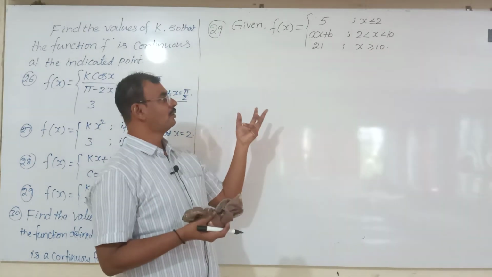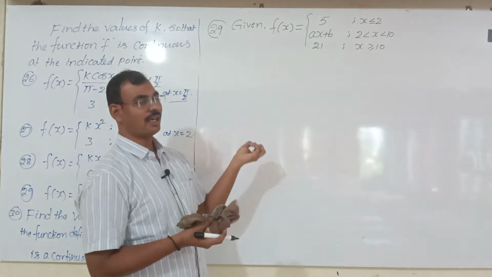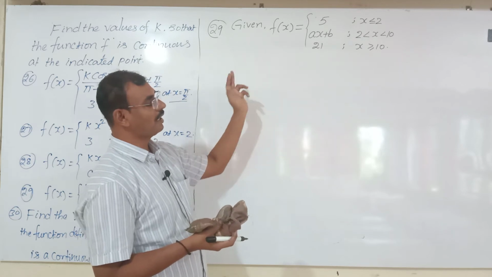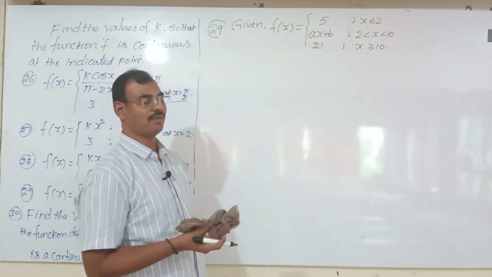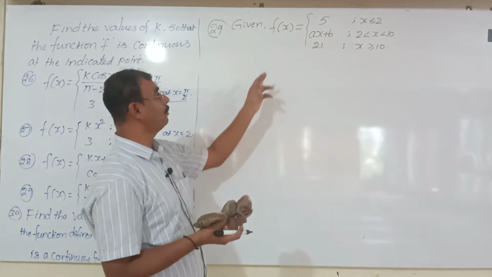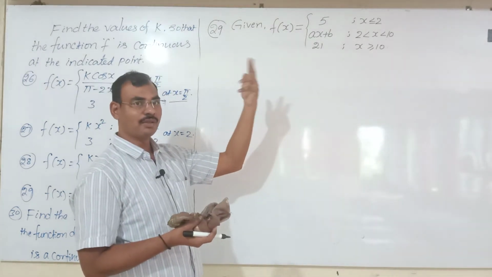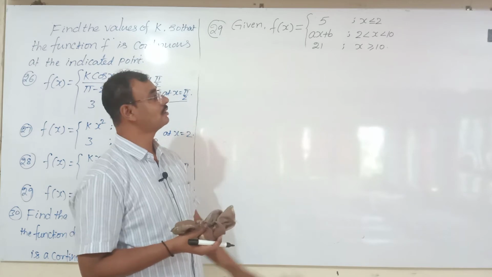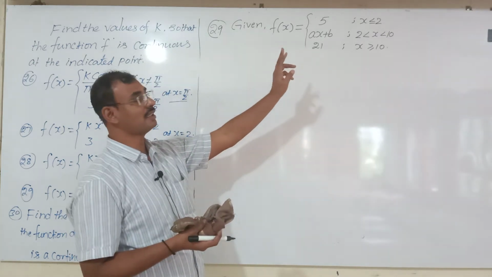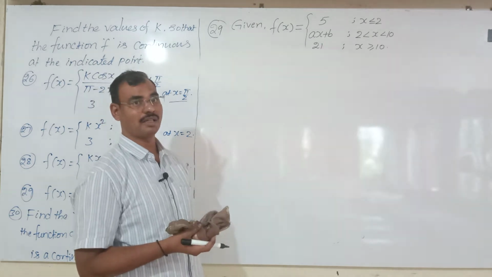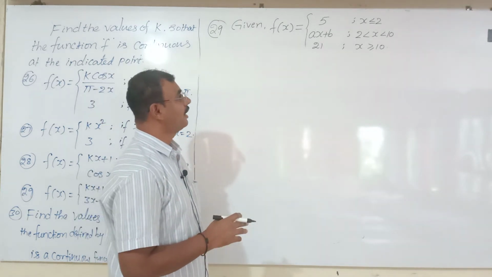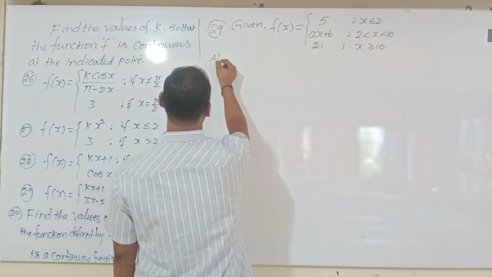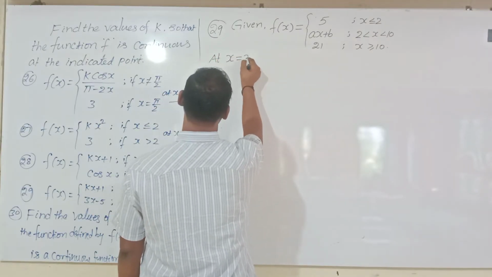At x equal to 2, we get one equation, and at x equal to 10, we get the second equation. By solving two equations, we can easily find out a and b values. To find two numbers, at least two equations are required. So that's why he has given breaking conditions. Three breaking conditions are given. At 2, at 10, we have to check first. So firstly I take x is 2.